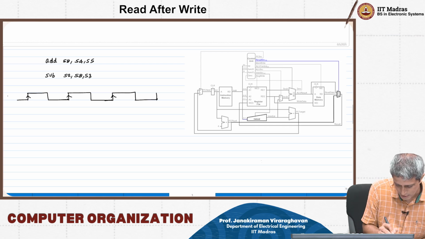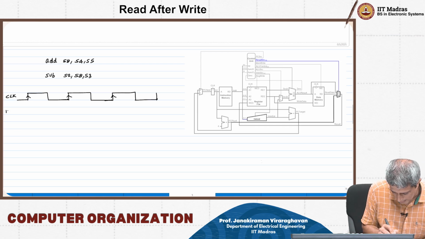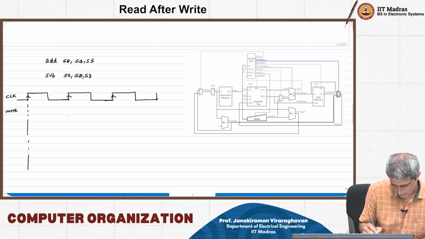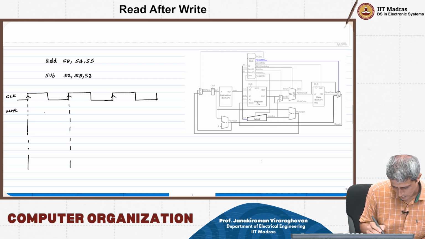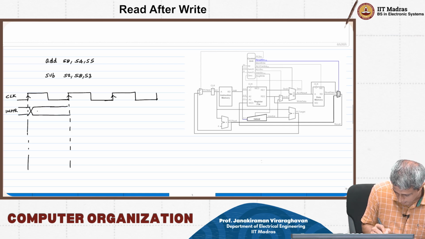Clock rising edge, this is my clock, right? So if you look at the INSTR that came out, it would simply do this thing here. The PC would launch it, and you would get the instruction add S8, S4, S5.